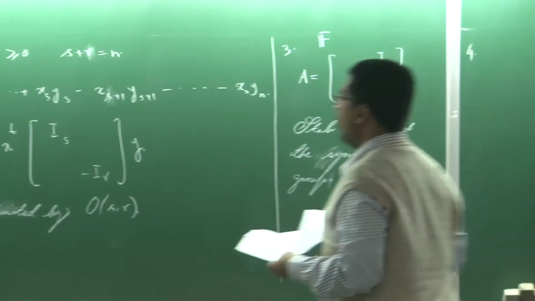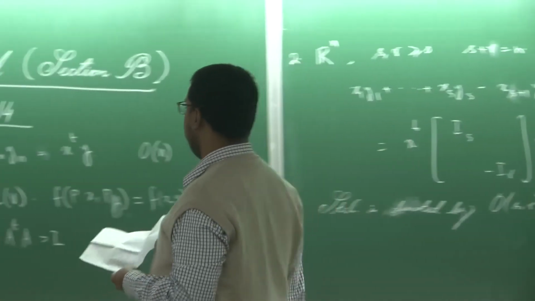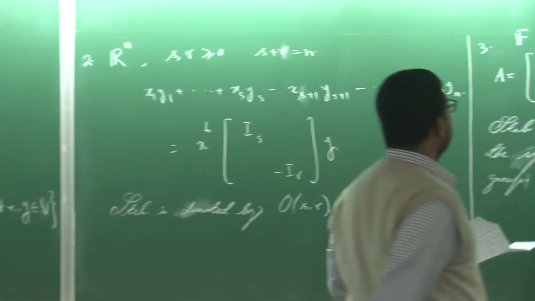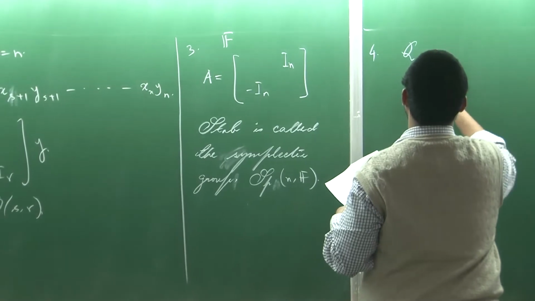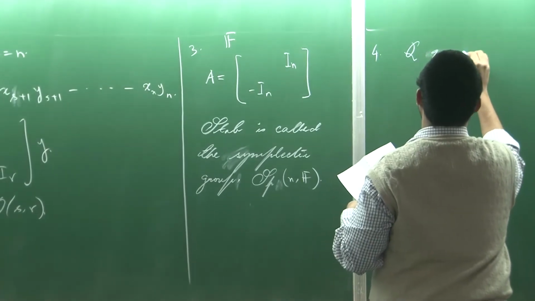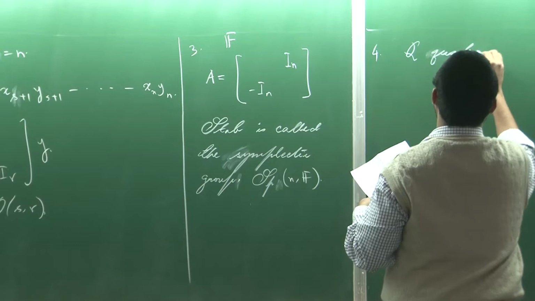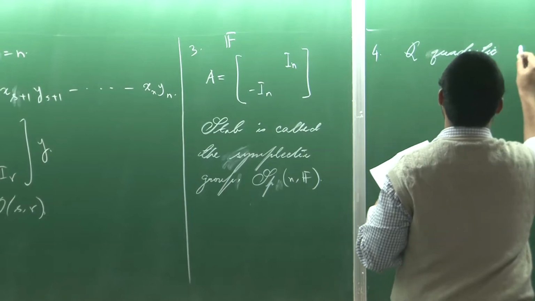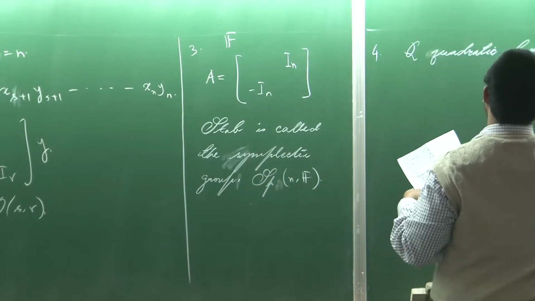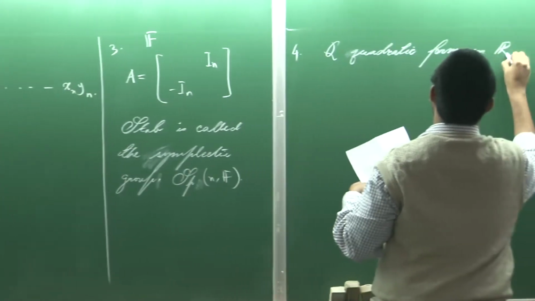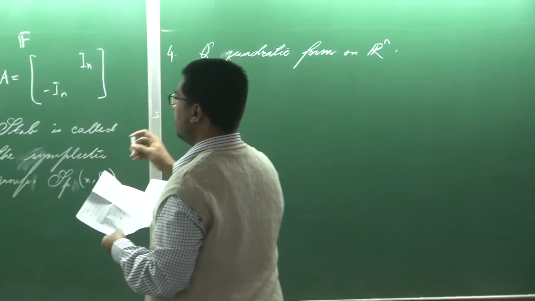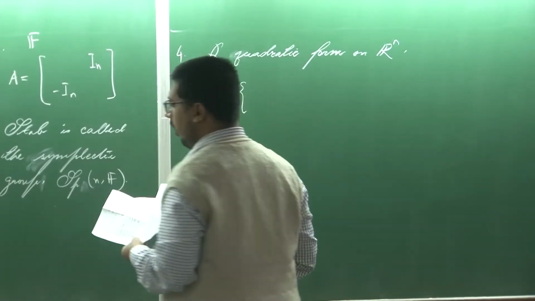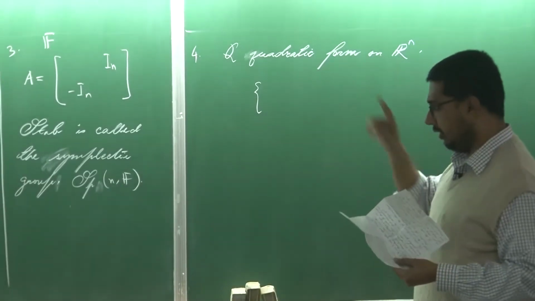Then the fourth example is regarding quadratic forms. Let Q be a real quadratic form on R^n. What is the stabilizer group of this quadratic form?